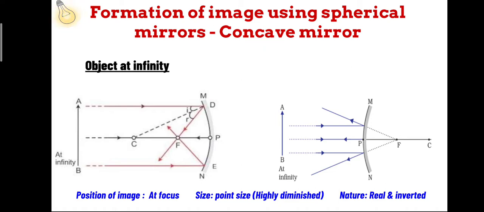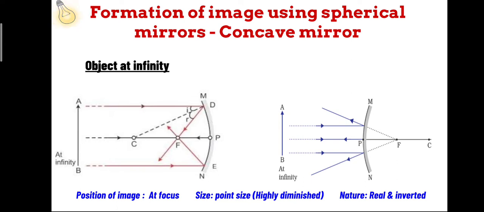If the object is placed at infinity, the image formed is determined by the reflected ray that coincides with the other ray. As you can see, in case of a concave mirror, the parallel beam of light which falls on the concave mirror after reflection passes through the focus.